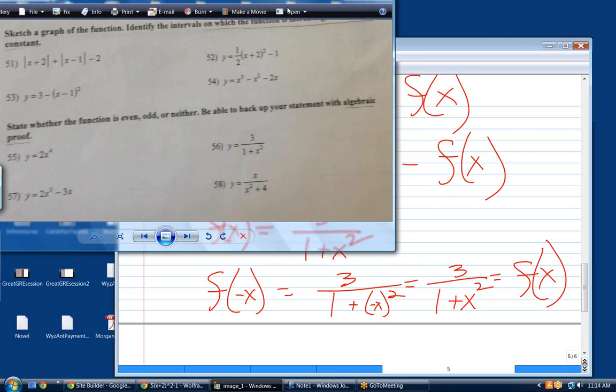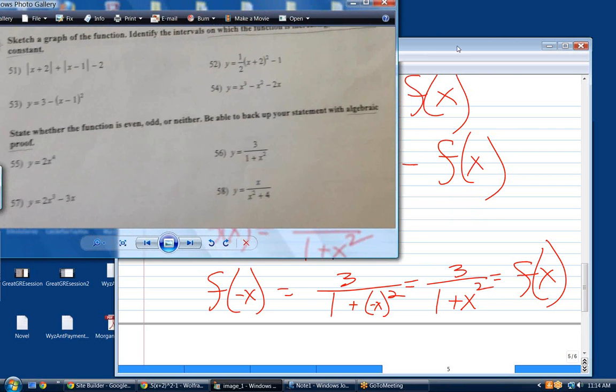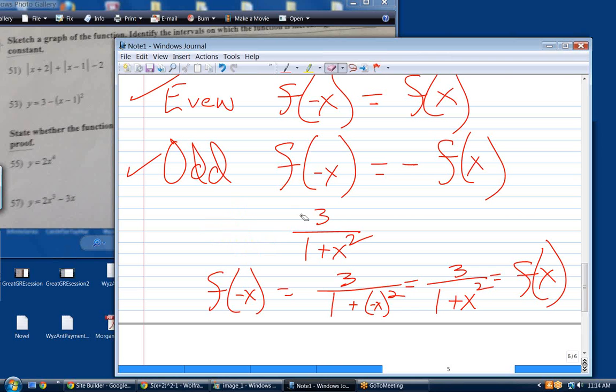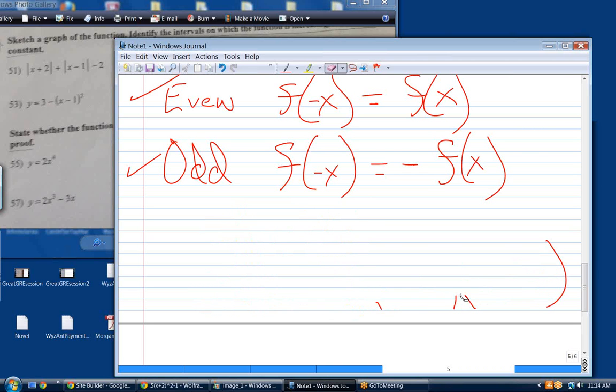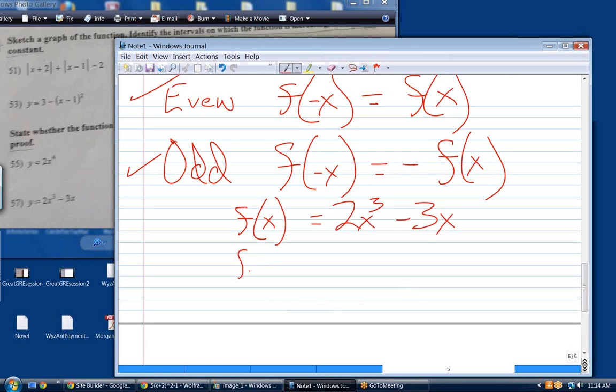Although, yeah, here's one. Well, let's look at 57. So f of x is 2x cubed minus 3x. So what's our first step? Plug in negative x, or figure out what f of minus x is. So it's 2 times negative x cubed minus 3 times negative x. Let's figure this out.